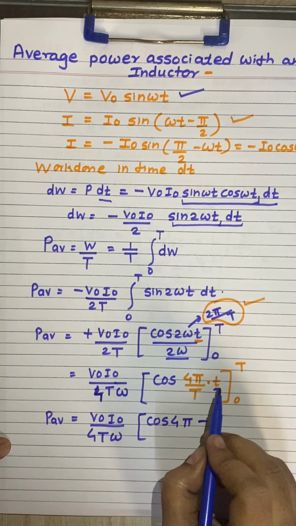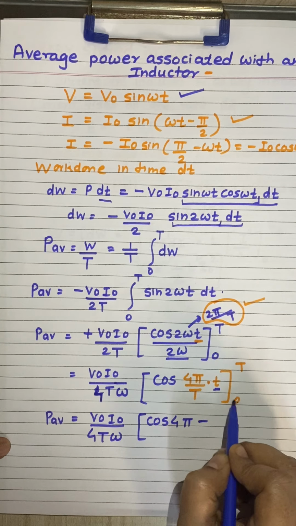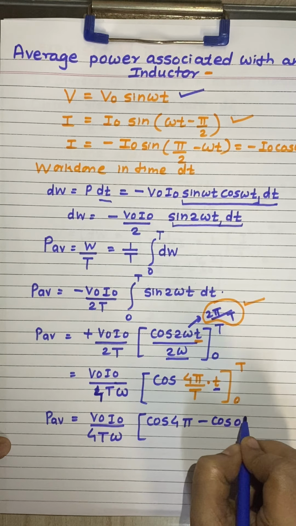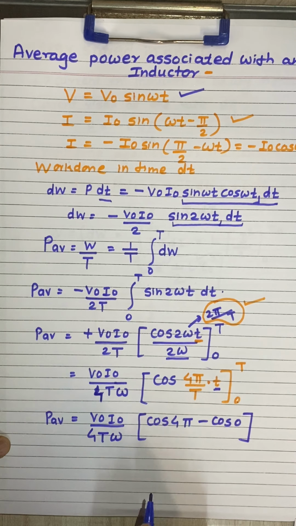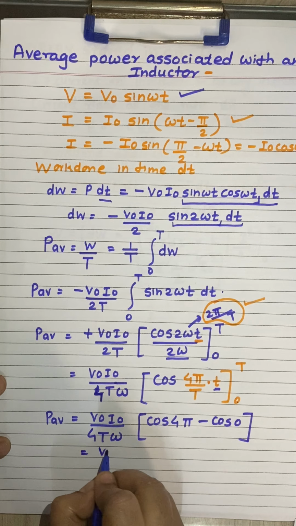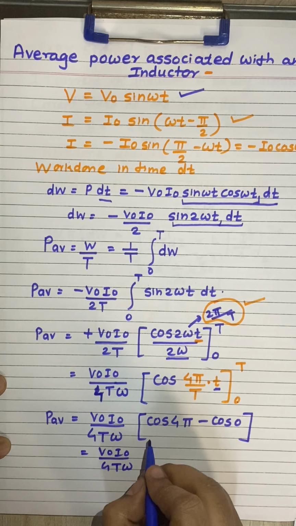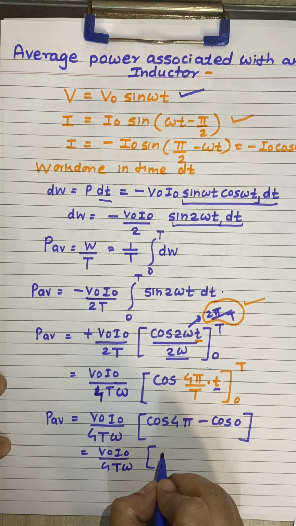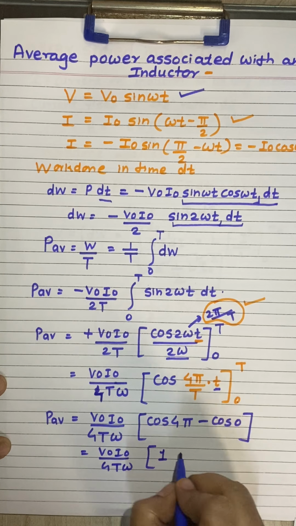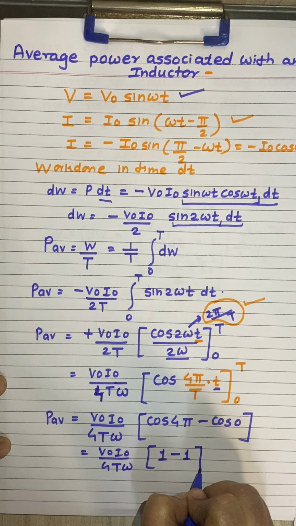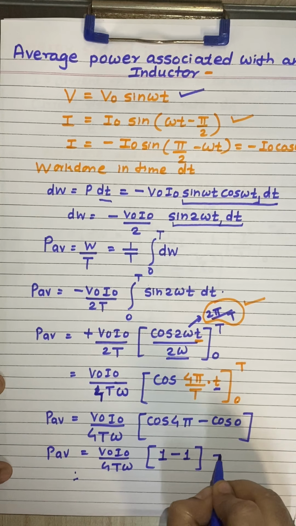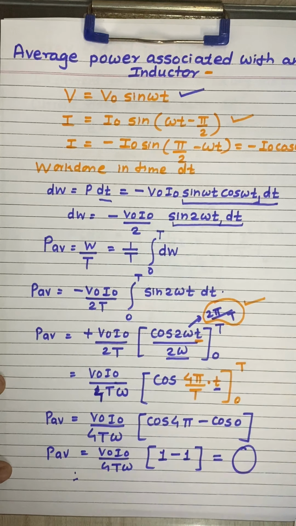Minus, now I have considered t is equal to 0, so this complete term becomes 0, so it will become cos of 0 after applying the limit. Now again we will find V naught I naught by 4T omega inside the bracket. Cos of 4 pi is equal to 1, and cos 0 is also 1, and therefore we can get this value as 0.